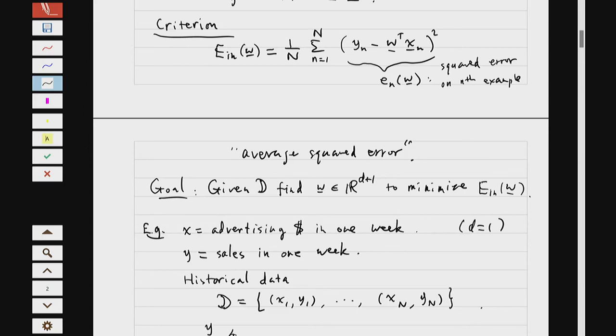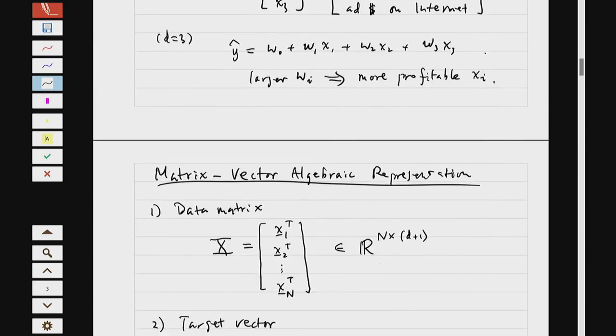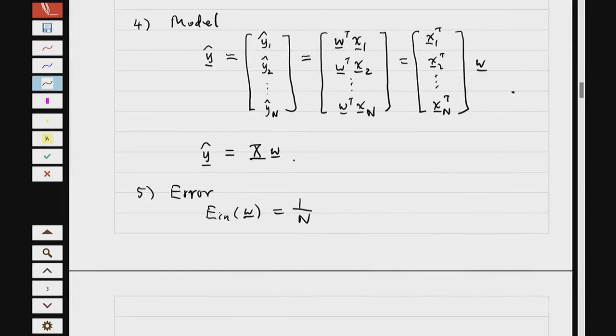But this sum of the squares of elements can be viewed as the 2 norm square of the difference of vectors. So I'm going to rewrite that as the 2 norm square of the y vector minus the y hat vector, divided by n.